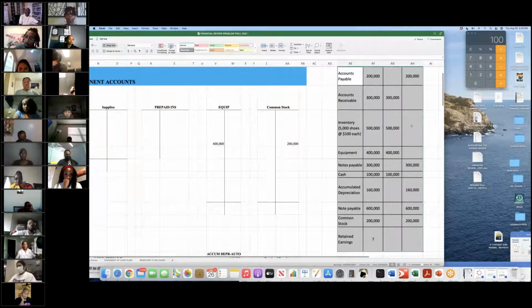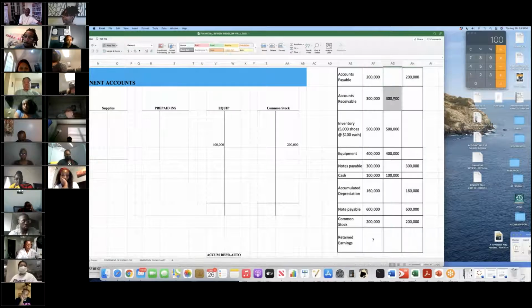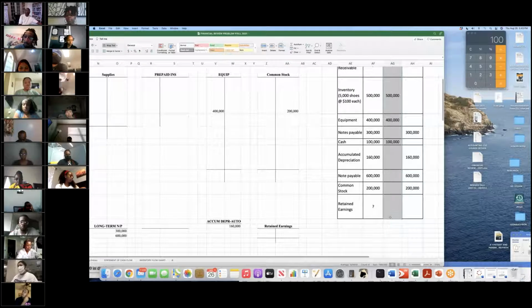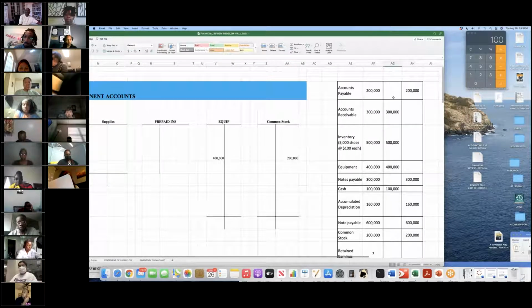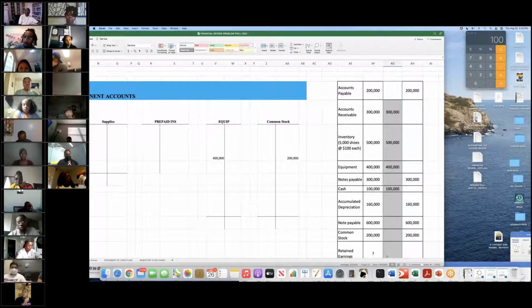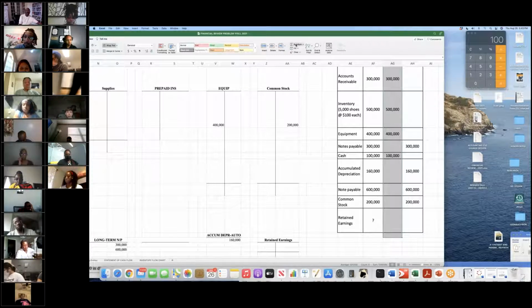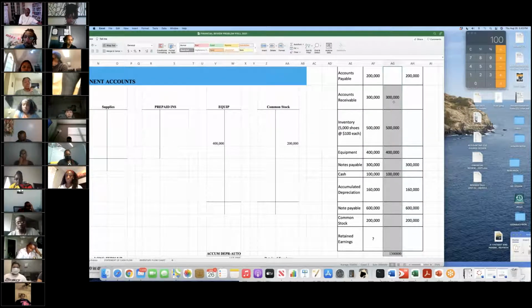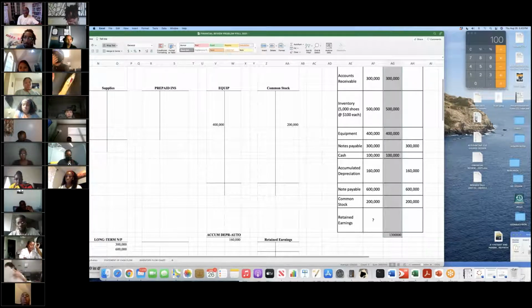So the thing we like about Excel, let's sum up all of these debits. Let me come down a little bit further, all the way down. We hit auto sum, and it tells us we got what? 1,300,000 on the debit side.